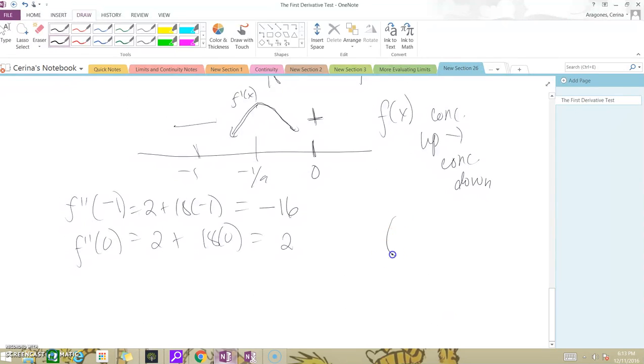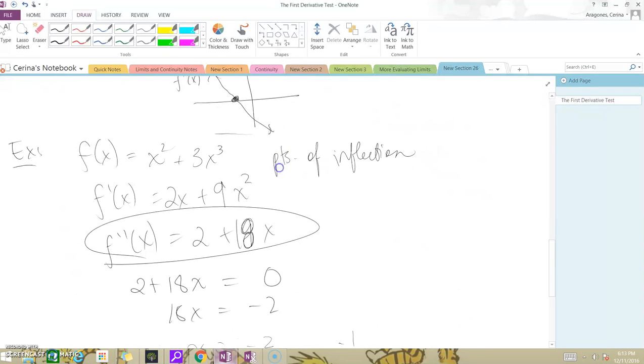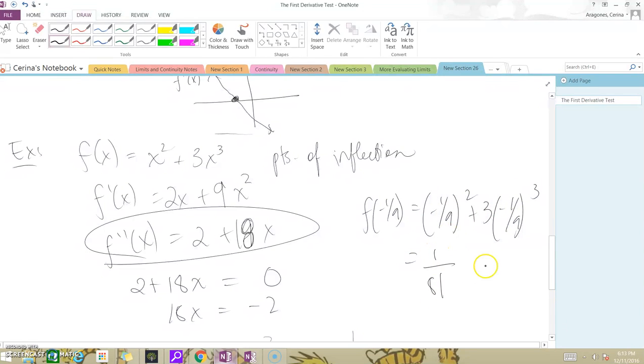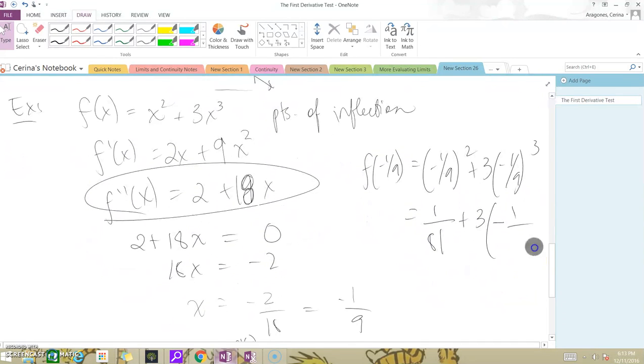Obviously, your point of inflection is at x equals negative 1/9, but to know what the y value is, you have to plug it back into your original function. So f of negative 1/9 is equal to negative 1/9 squared plus 3 times negative 1/9 cubed, which is equal to 1 over 81 plus 3 times negative 1 over 729.